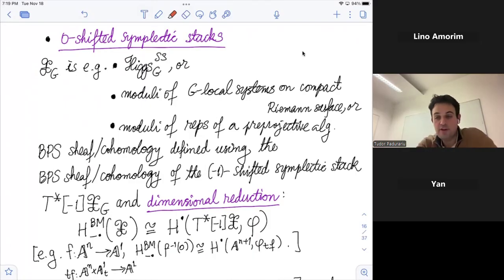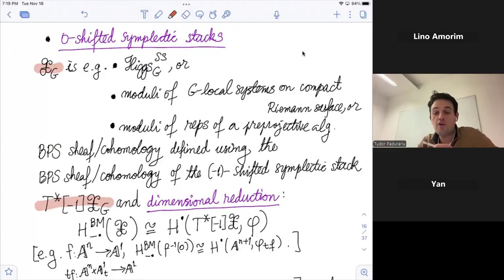As we mentioned in the first talk, the BPS sheaf and BPS cohomology is defined indirectly in this case. So to our stack of interest XG, we associate this construction called the -1 shifted cotangent stack.